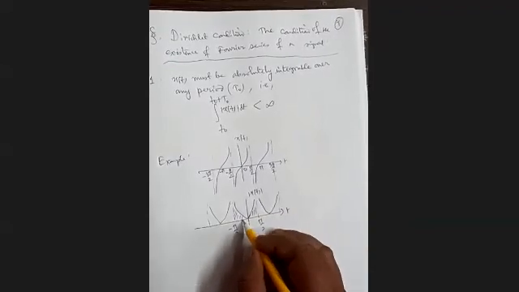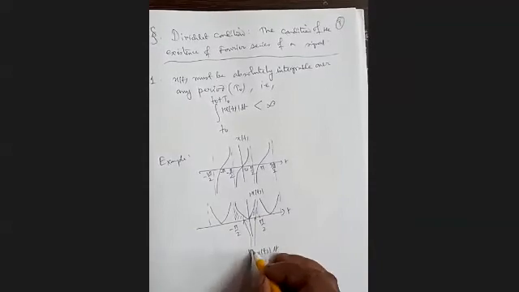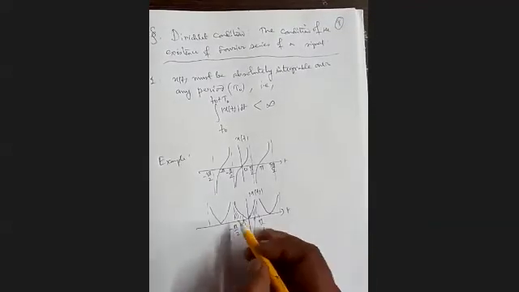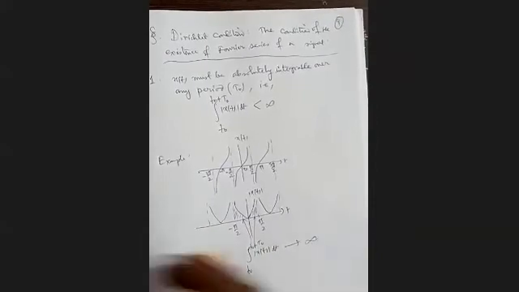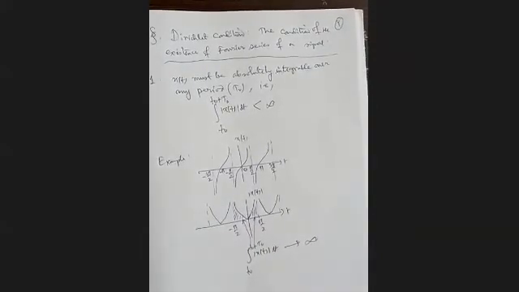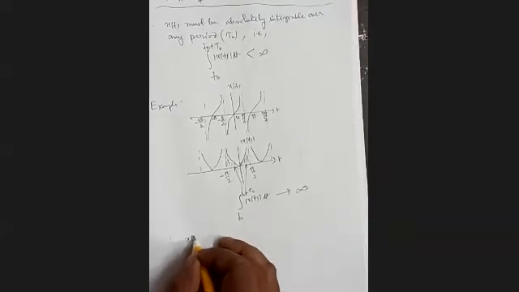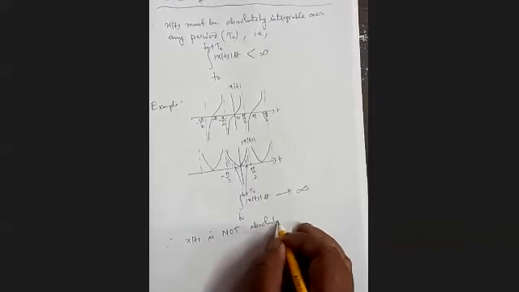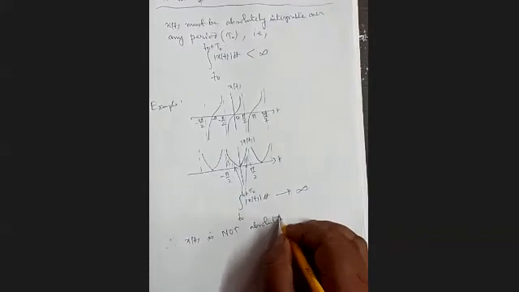This is our integration. Since it is going towards infinity, its area will be infinitely large. So the Fourier series of x(t) is not possible, does not exist. Therefore, our x(t) is not absolutely integrable. It's not giving us any finite value.